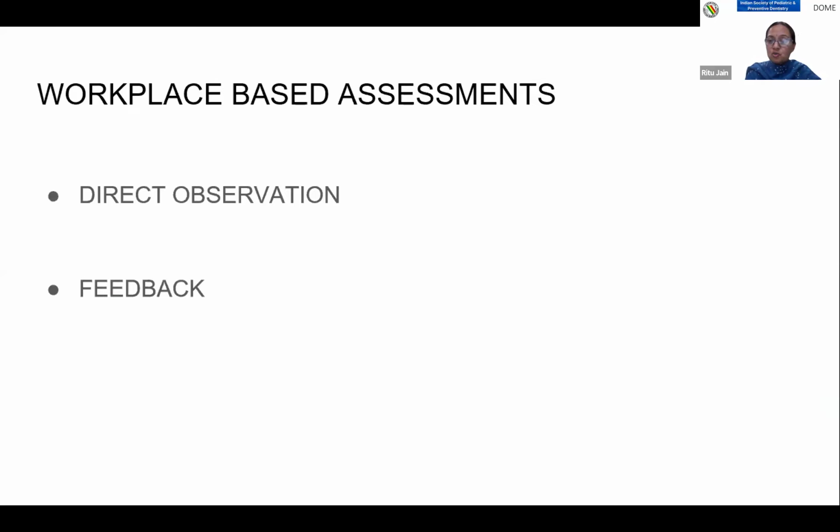First, it has to be based on direct observation. Only if it is based on direct observation can you give evidence of what the student can actually do in his work environment. And secondly, if you need to give him a chance to improve his skill, feedback plays a very important role in improving the competence and skills of your students.